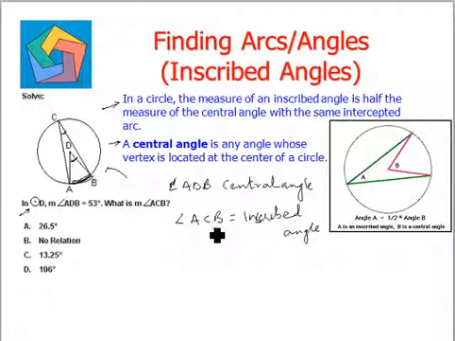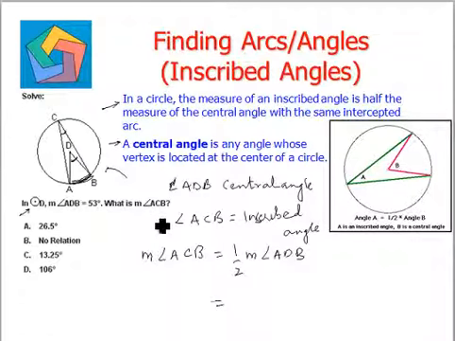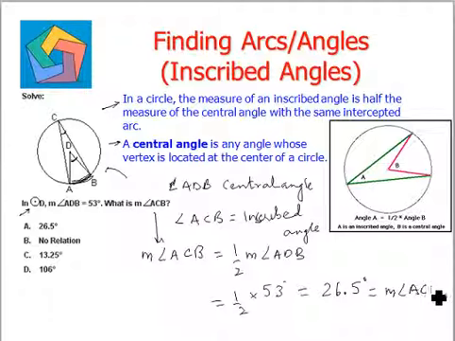So now the relationship is that measure of angle ACB is equal to half of the measure of angle ADB. So this is what you have to find out. Measure of angle ACB is half of ADB, which is given to us as 53 degrees. So half of 53 is 26.5 degrees, which is the measure of angle ACB. This is the final answer, can be seen in option A.